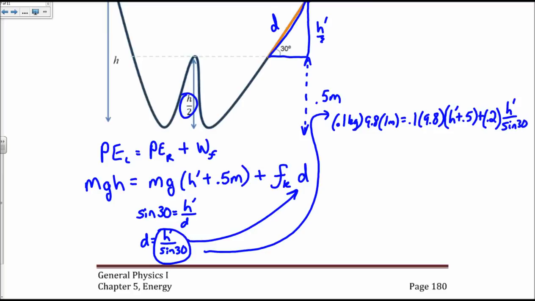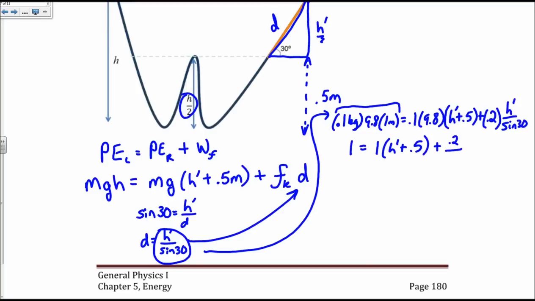All right, let's take some of these and combine them. This 0.1 times 9.8 times 1 is just going to be 1. It's actually 0.98, but rounding off to 1 equals 0.1 times 9.8, again, is 1 times h prime plus 0.5, plus 0.2 over sine of 30.